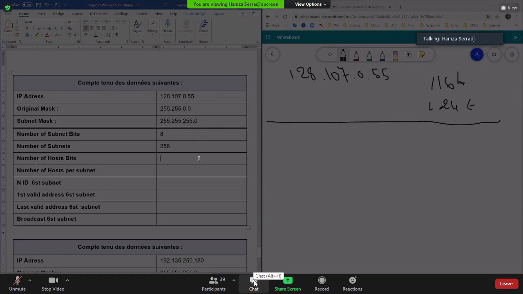Number of host bits. How many bits remain here from this 24? Good, Jagjit. How many bits for the hosts? Come on, wake up, people. I'm not alone here. How many bits do I have for the hosts? Good, Harmander.